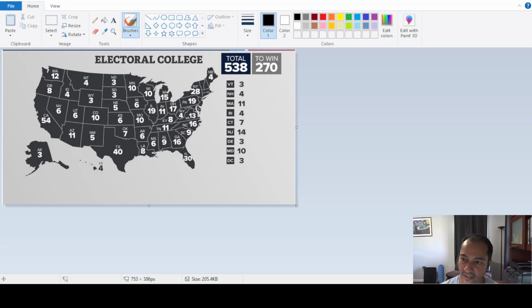So in the map here, let's say for New York, as we can see, there are 28 electoral votes assigned.